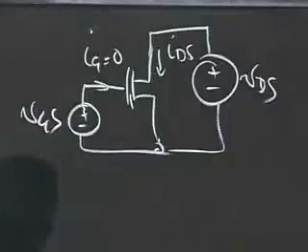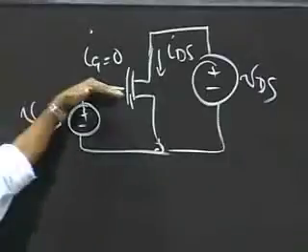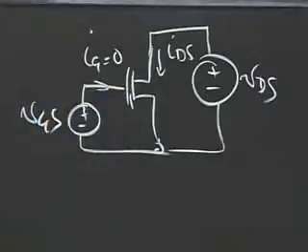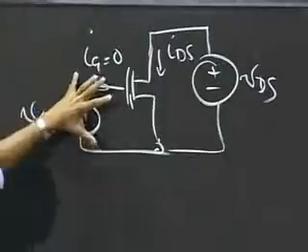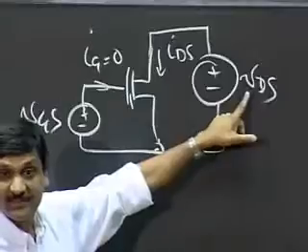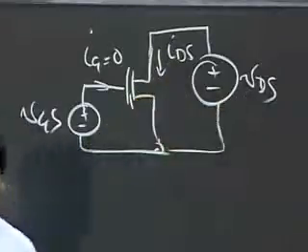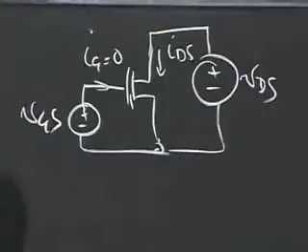In much more detailed analyses of the MOSFET in future courses, you may see slightly more complex behavior, but as far as we are concerned, it's an open circuit looking into the gate. So I'm going to apply a VGS across the MOSFET, apply a VDS across the MOSFET, and plot IDS versus VDS. First let me show you what you already know.